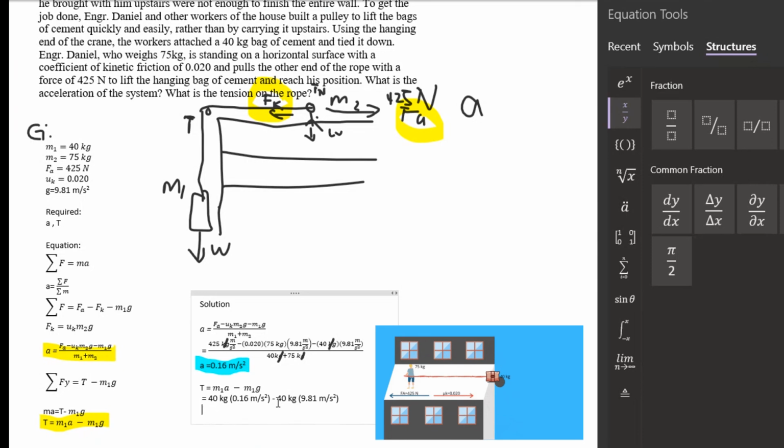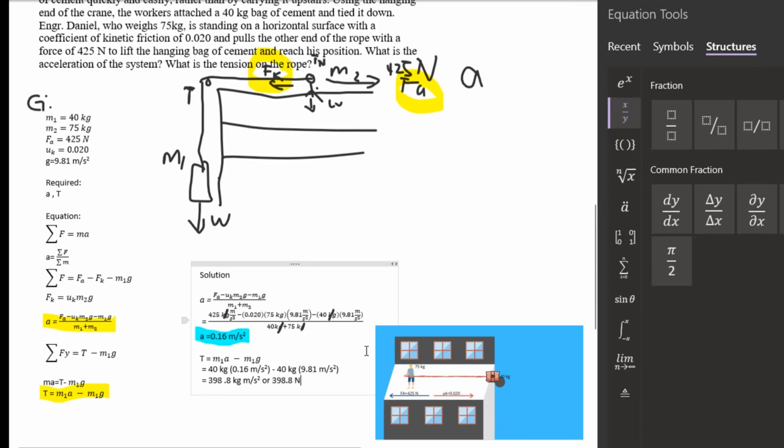You can put this in the calculator and you're going to get 398.8 newtons. Let's first put the units that we have: kilograms times meter per second squared, also known as 398.8 newtons, the unit we use for force.